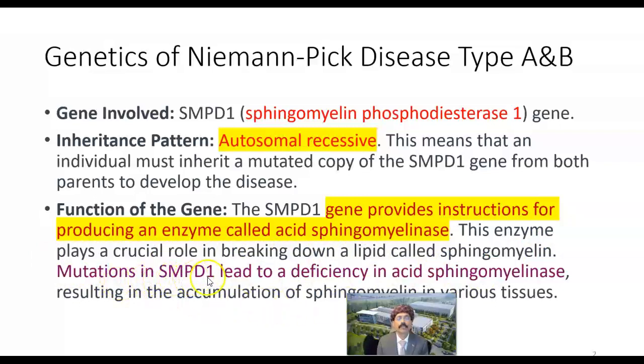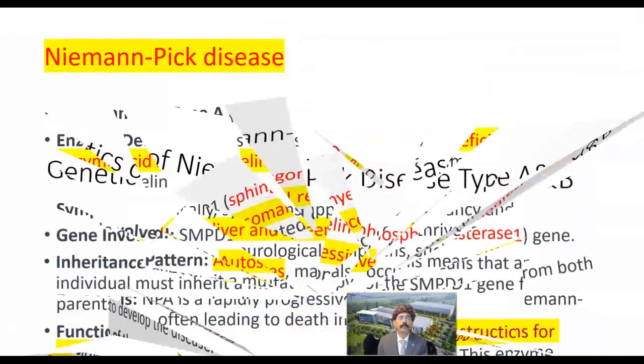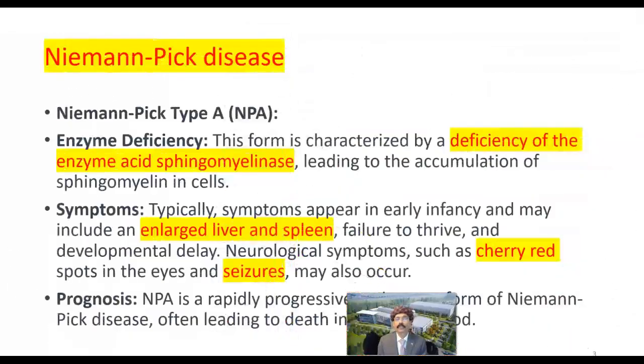Mutation in SMPD1 leads to a deficiency in acid sphingomyelinase, resulting in accumulation of sphingomyelin in various tissues. Okay, we got the genetics.